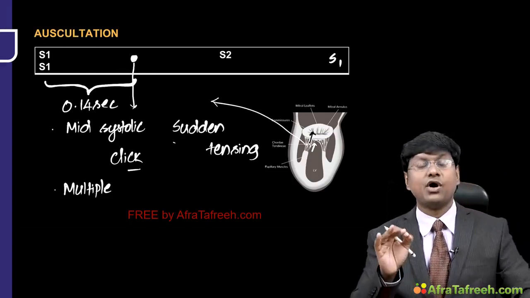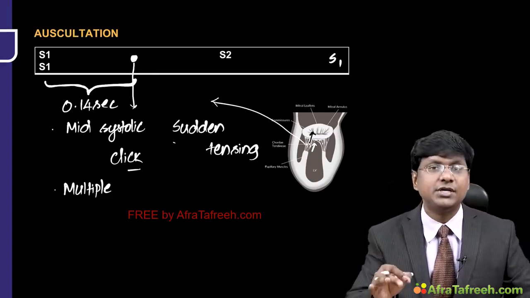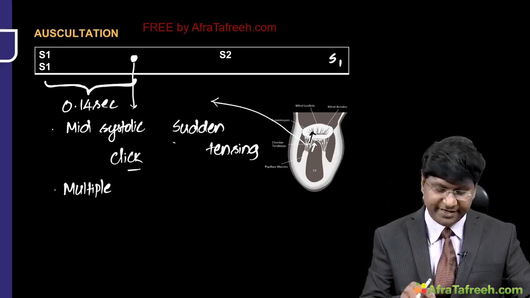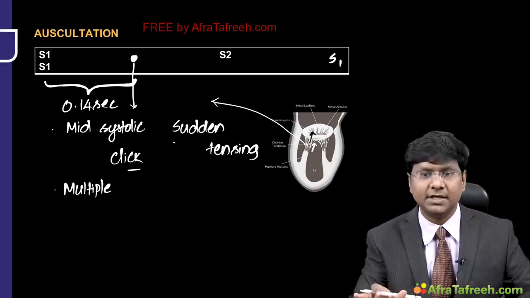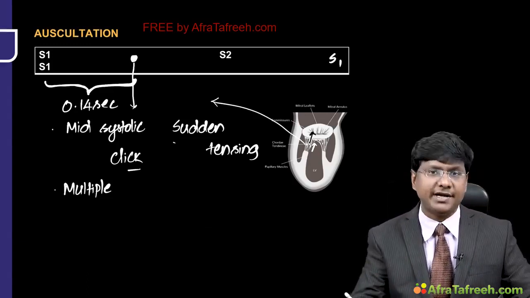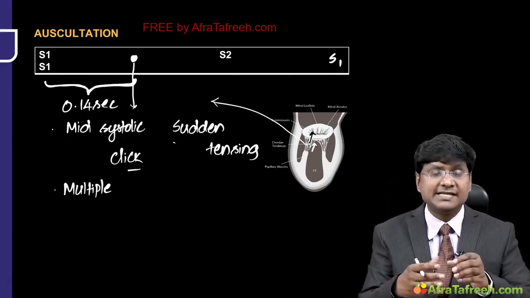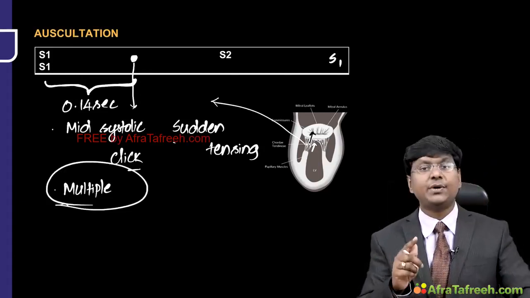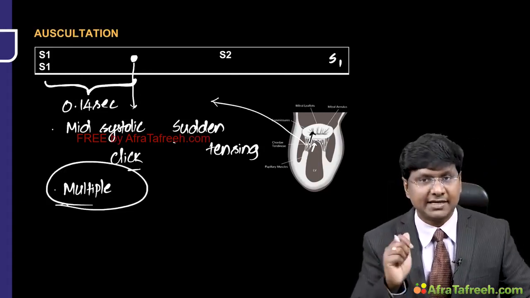Sudden tensing of excessively stretched chordae tendineae is what contributes to the development of a mid-systolic click. And there are multiple chordae tendineae here, so there is sudden tensing of multiple chordae tendineae. That is the reason why you have multiple mid-systolic clicks.